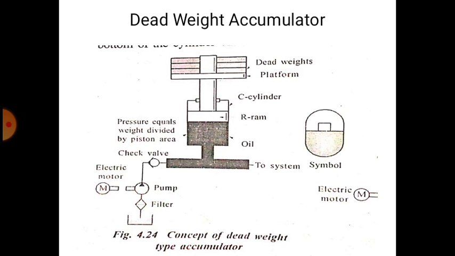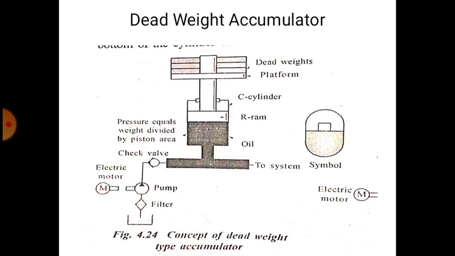The oil flows in the system and enters the accumulator, and the ram moves up along with the dead weights. Afterwards, when it is charged, the oil moves towards the actuator to do the work. So now the accumulator is charged.